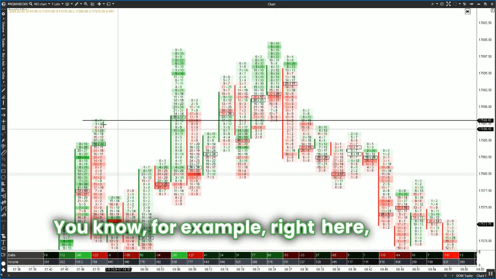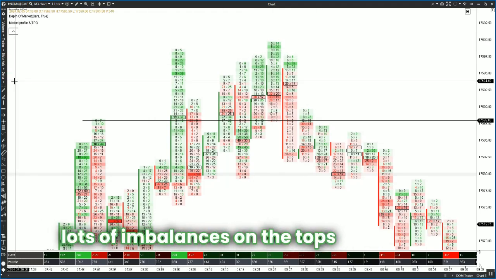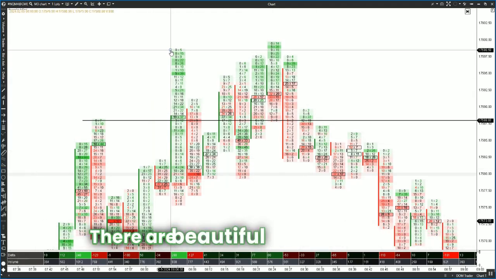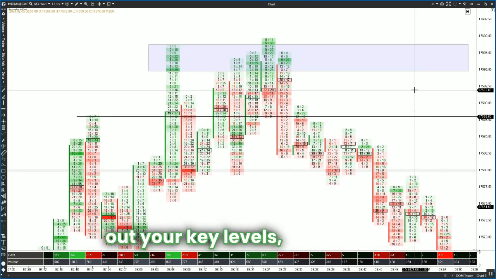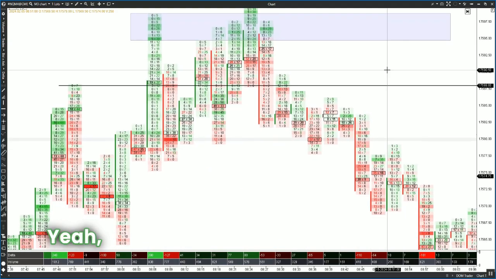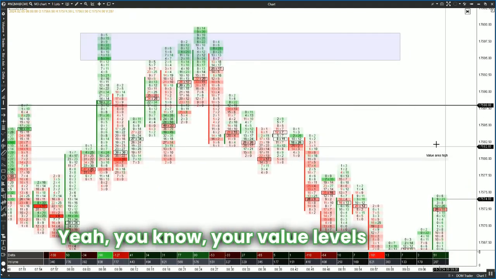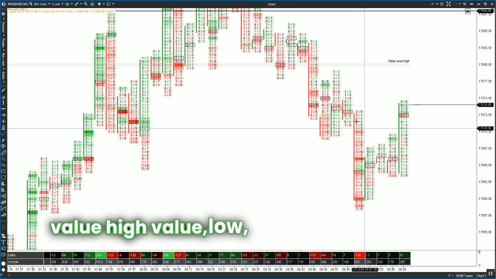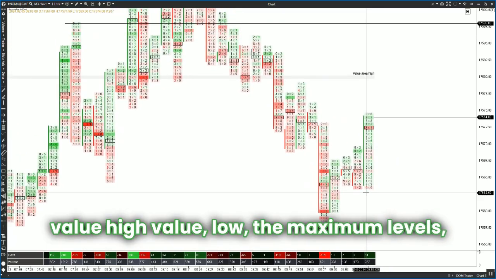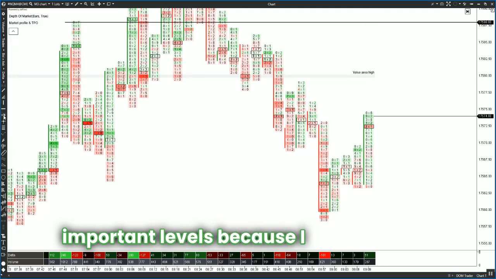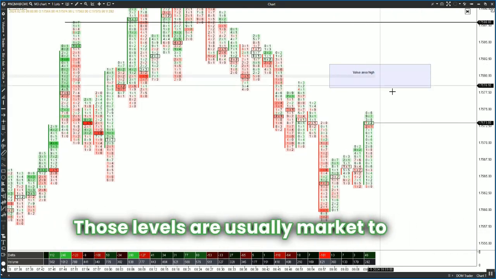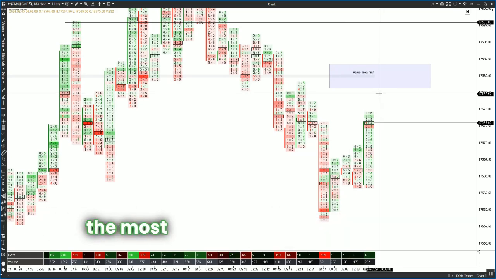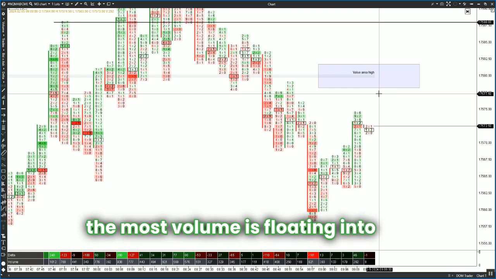For example, right here, you can see lots of imbalances on the tops. There are beautiful options to map out your key levels, your zones, your value levels as well, value high, value low, the maximum levels, pretty important levels, because I use them too. Those levels are usually marked to see where the most volume is flowing into the markets.